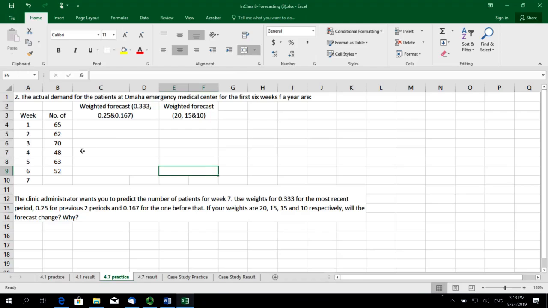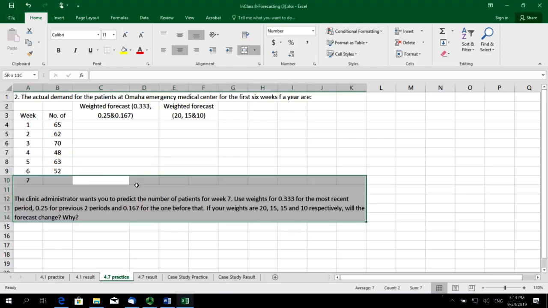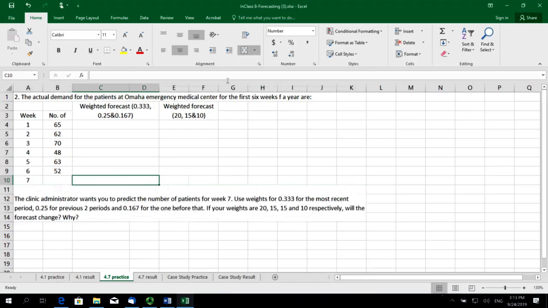And for the first one, week 7 will be in this row. So I will highlight week 7. This is our goal.